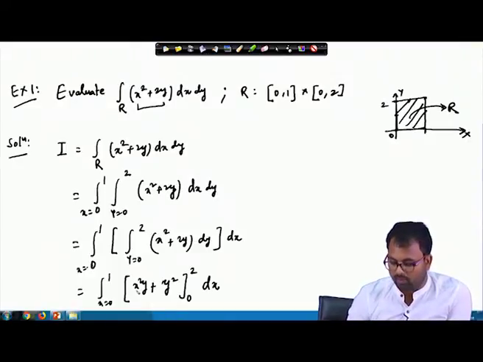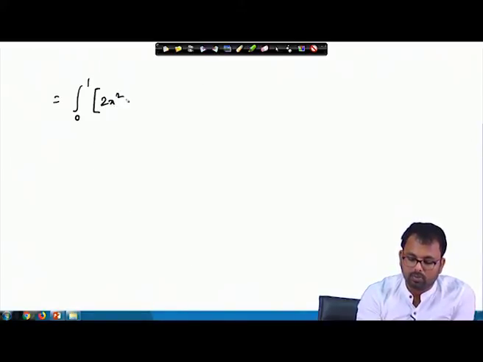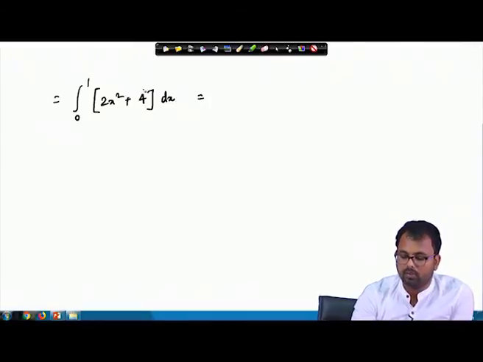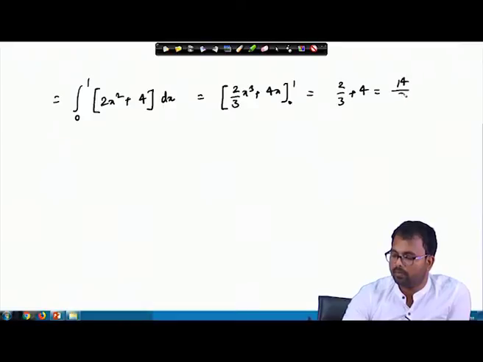And if I substitute the value, then this will be integral from 0 to 1, then we would have 2 x square plus 4 dx, and after we integrate this, then it will be 2 by 3 x cube plus 4 x integral from 0 to 1, and this will be 2 by 3 plus 4, right. So, ultimately 14 by 3.